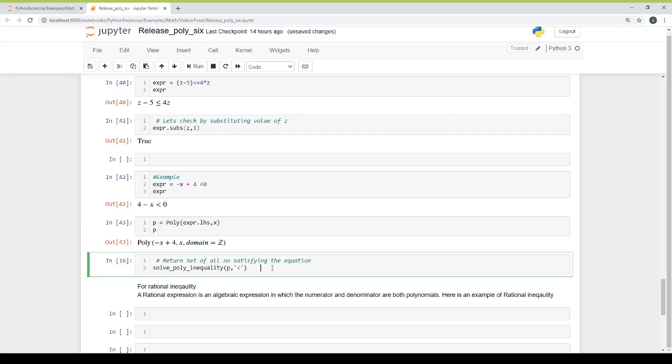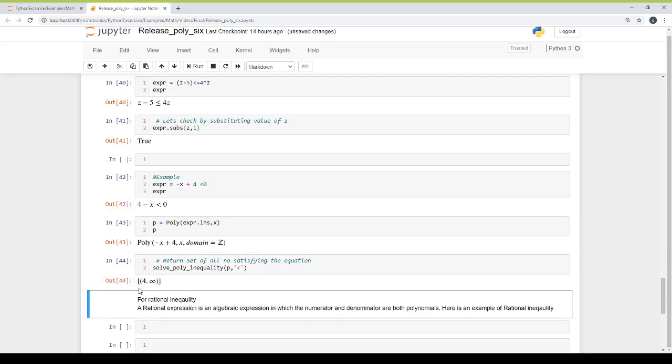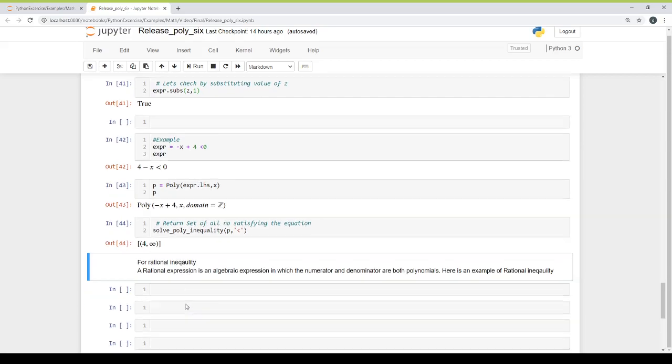So solve_poly_inequality returns us a set, 4 comma infinity. It means that any value from 4 to infinity is our solution.